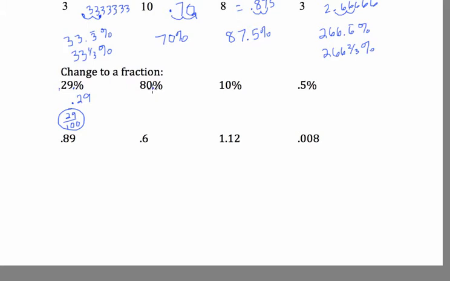Change to a decimal first, move it 2 spots left, that's 0.8. Change that to a fraction by just saying the name of the decimal. That 8 is in the tenths spot, so that's 8/10. Reduce to get 4/5. 10%. Move your decimal place 2 places. 10% is the same as 0.1, which is 1/10.